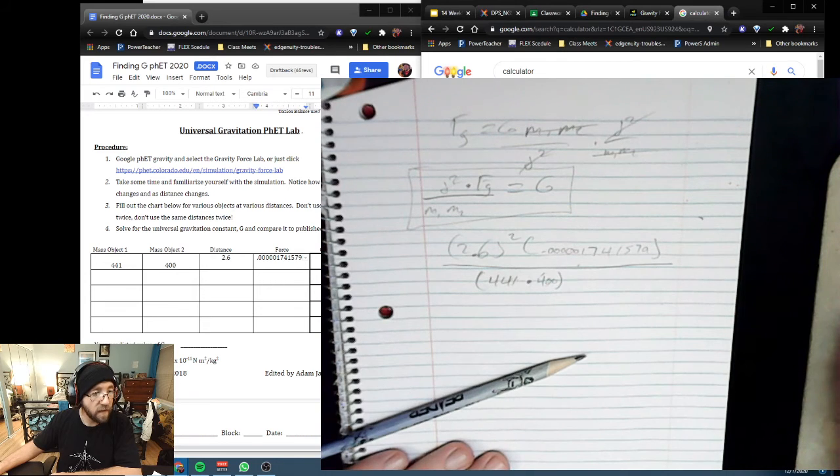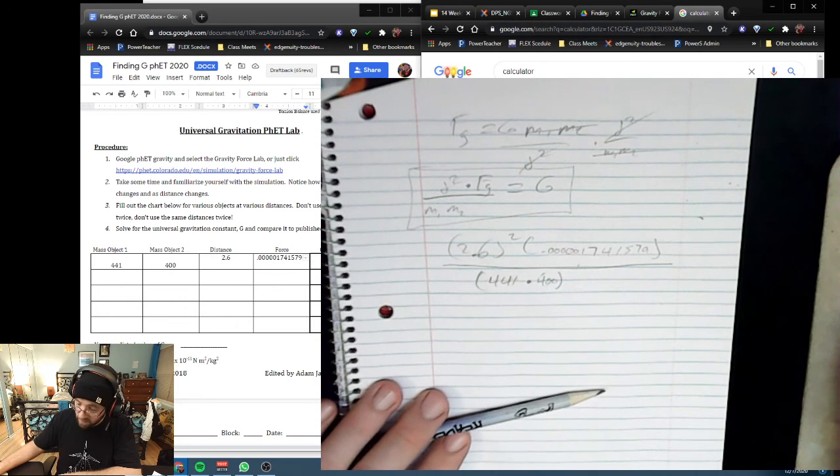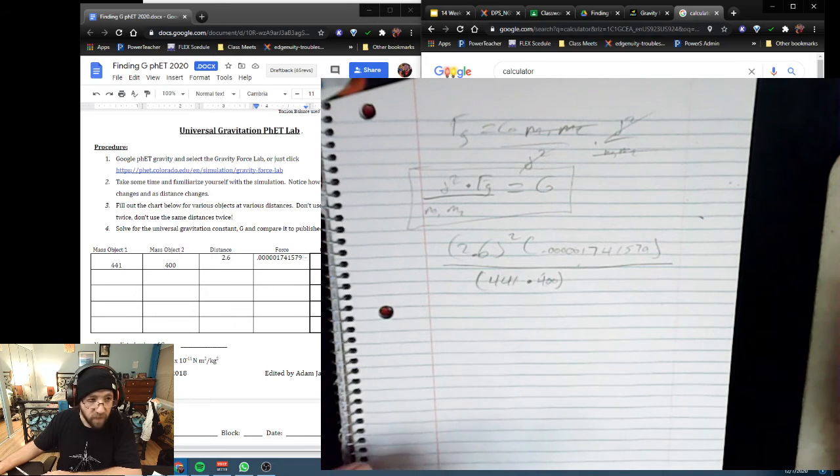All right, so let's clear all that. 2.6 raised to the second power times 0.000001741579 divided by, and I'm putting the whole bottom in parentheses again because of order of operations.